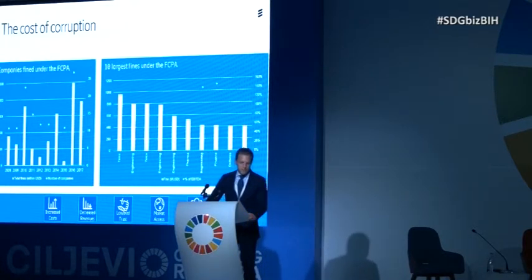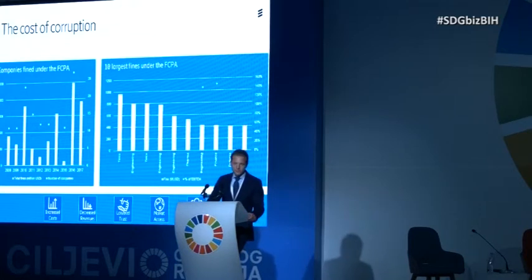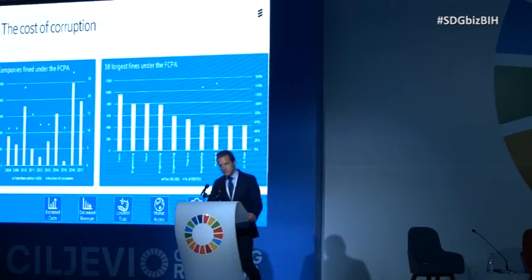Looking at these figures, the 10 largest fines under the FCPA, the Foreign Corrupt Practices Act, the US legislation on corruption, you can see that there is quite a lot of money that can be wasted from companies in fines. Money that could be used for dividends for shareholders, or for development within the company or other stuff.